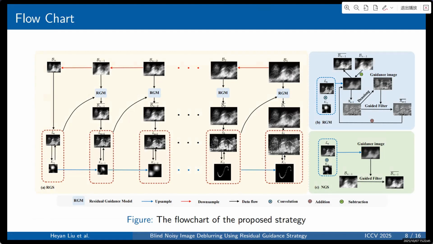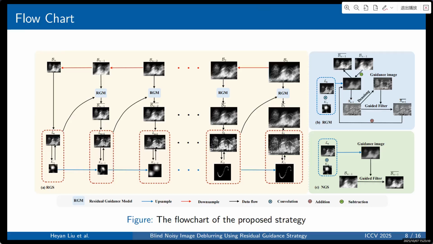Here you can see the flowchart of our proposed residual guided strategy. The overall pipeline follows a coarse-to-fine framework, but with a key difference. At each scale, we introduce a residual guidance model that refines and transfers clearer structural information to the next scale.